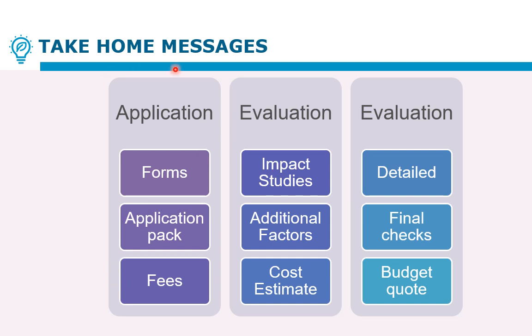Step 2 is the evaluation, where you look at the grid impact studies, consider additional factors, and issue a cost estimate to the customer, which is used for feasibility purposes. Step 3 is the detailed evaluation and all the final checks that this generator will not negatively affect your network. A budget quote is then issued, which the customer has to accept.